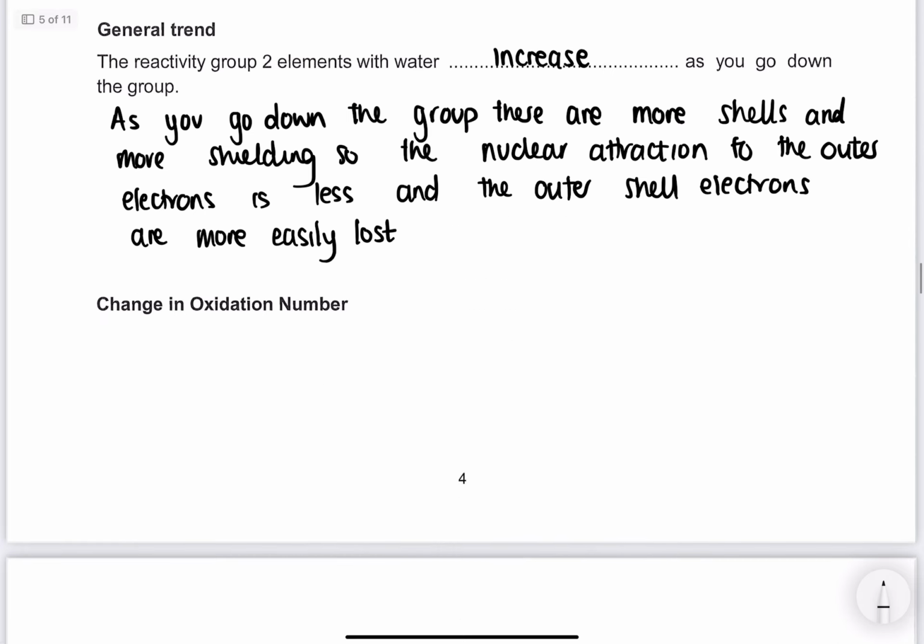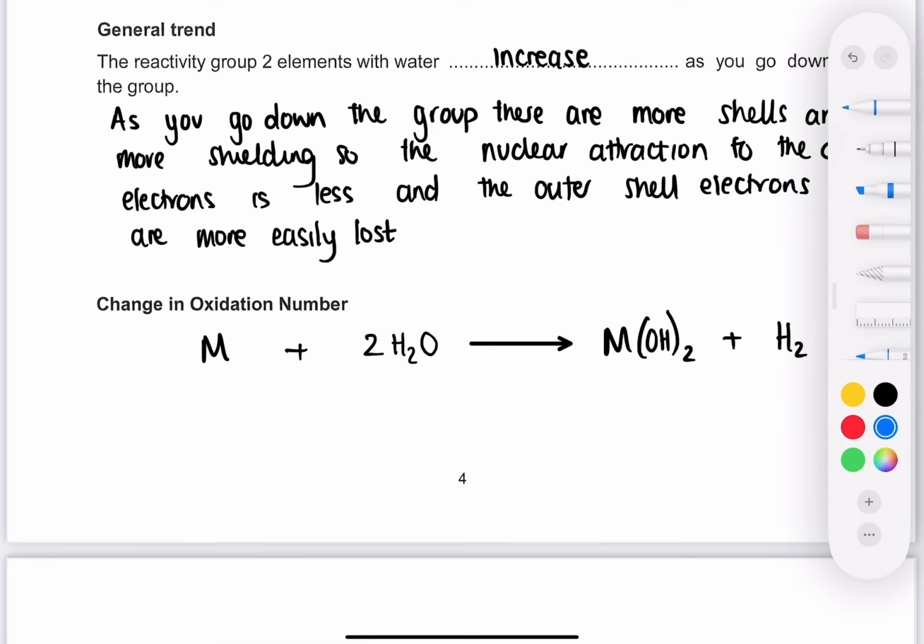And then it asks us to look at what's happening to the oxidation states. So if we rewrite the equation, the general one, with just an M in there, and we look at the elements individually, and if we change colour pen, we can see that the metal is 0 at the beginning, and then it's +2 in the hydroxide, because each hydroxide ion is -1.